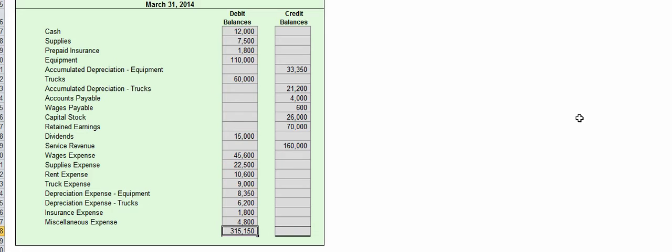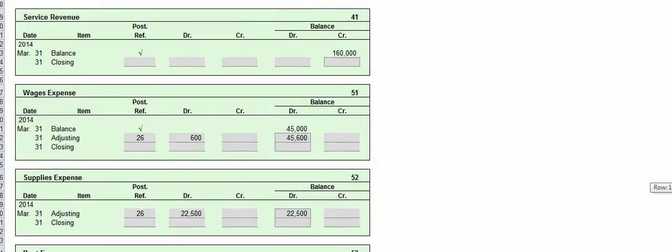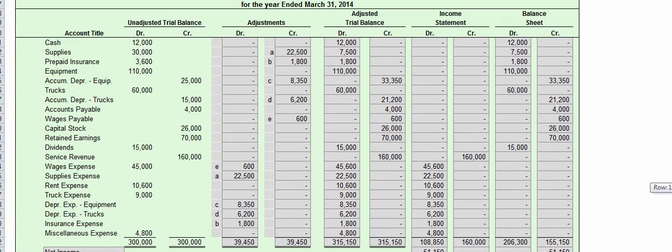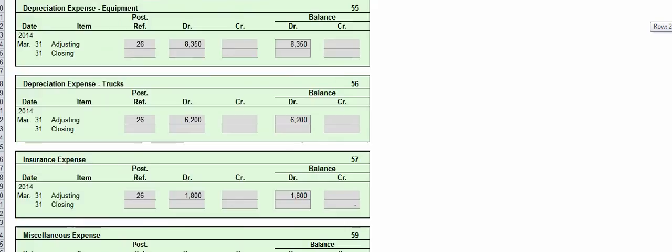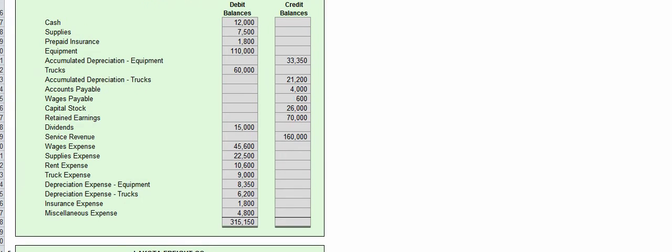You can check and make sure it matches, but it does. Watch this. 315,150. And our credit column should total to that same amount. There we go.